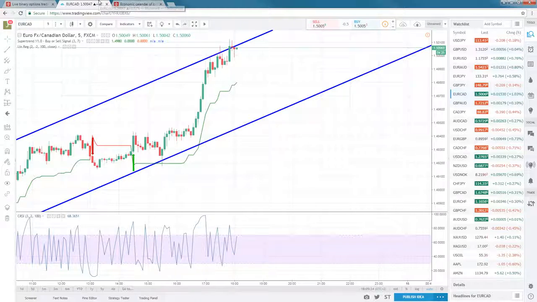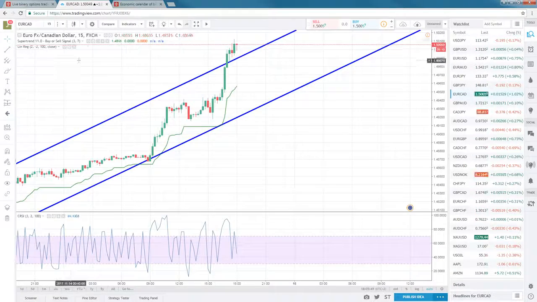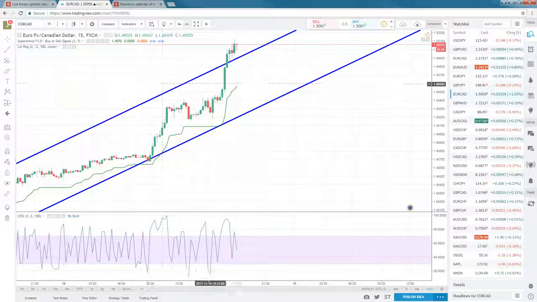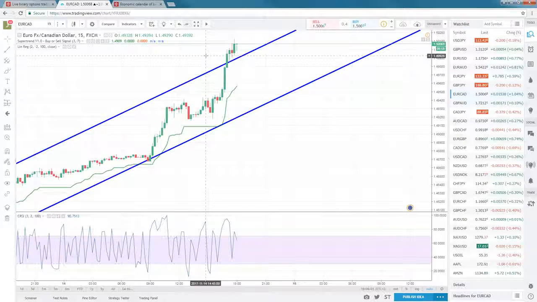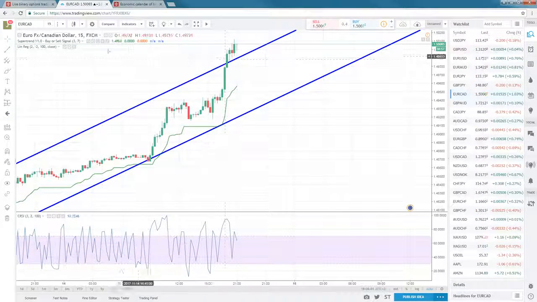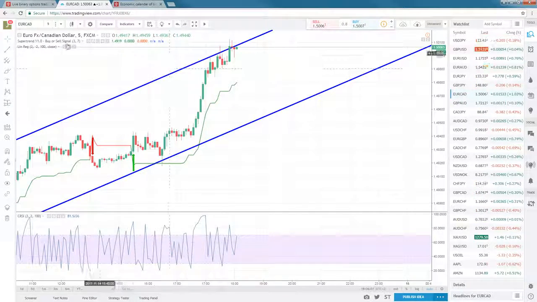Here it is. We can see that the price is going to change its direction, and as it crossed a regression line here, it is going to go down after some period of time. Let's see.